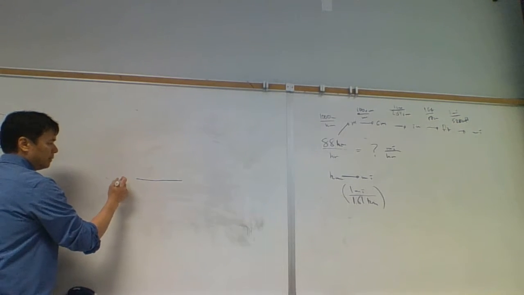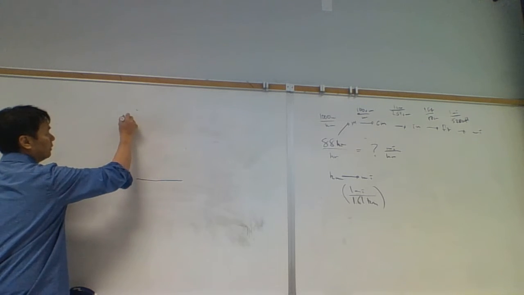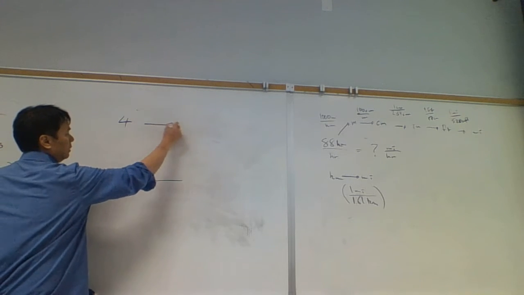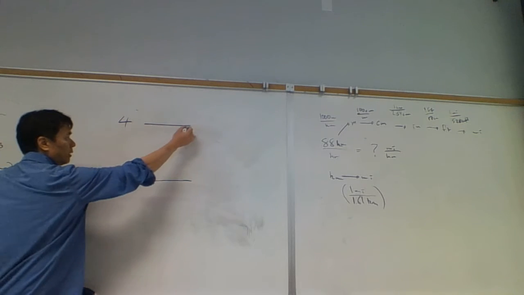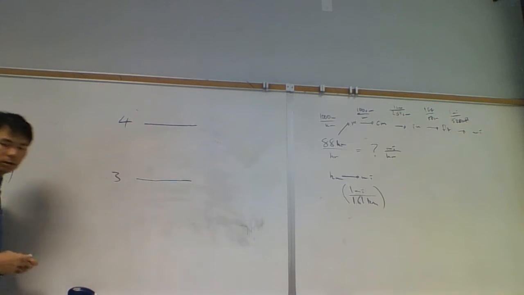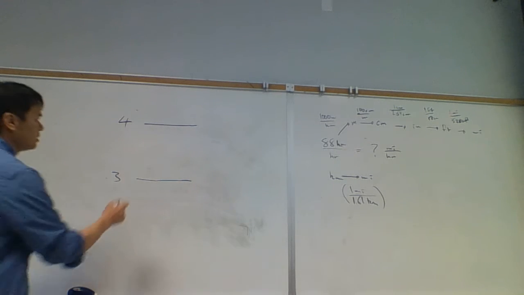Looking at the lines, like say for example 3, and then there's 4 here. We always have to divide the space up into imaginary lines.